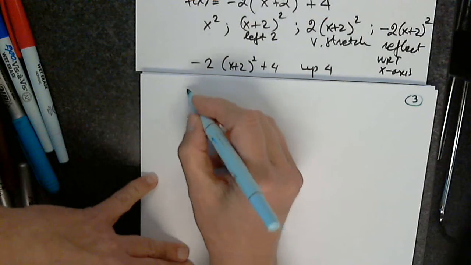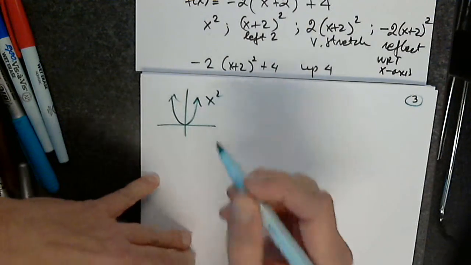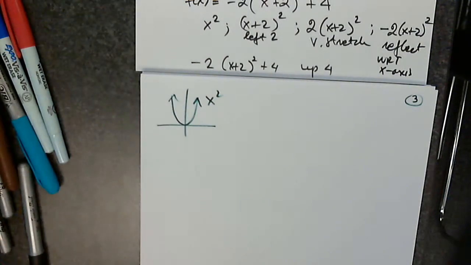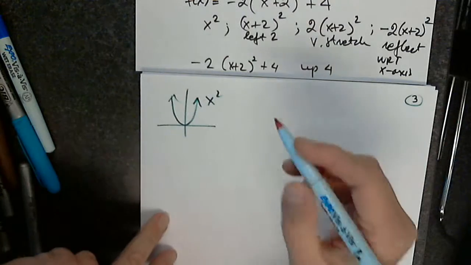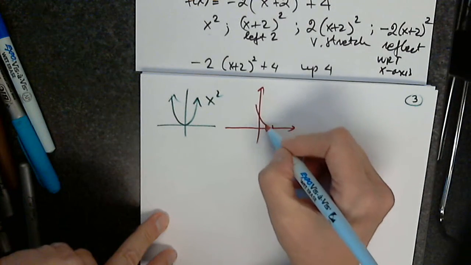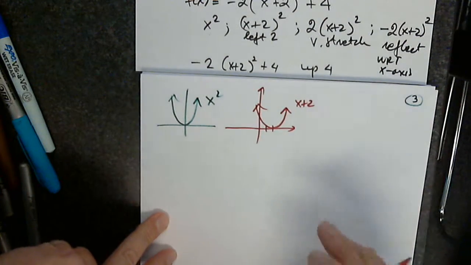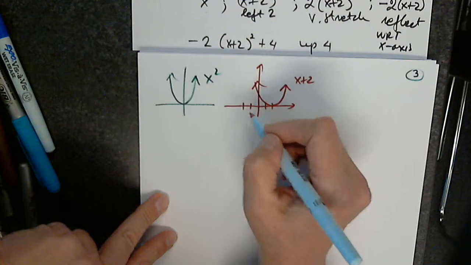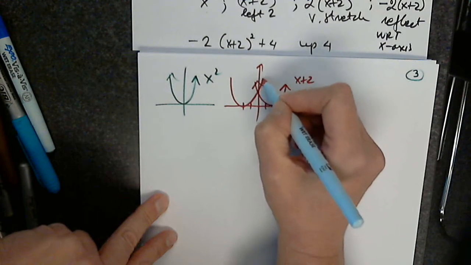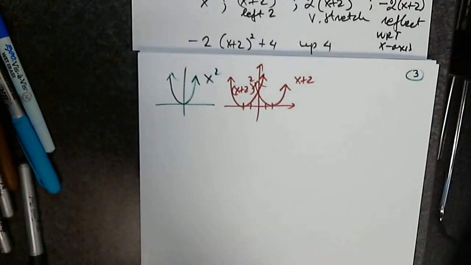But I know that when I graph x squared, I get this. When I graph x plus 2 squared, I get this. Of course, I'm sorry. When I wrote it, I realized, oops. So this is x plus 2 squared.